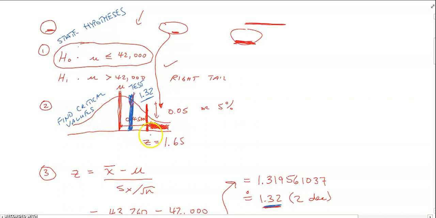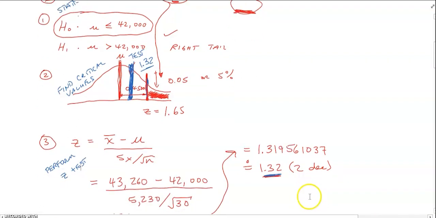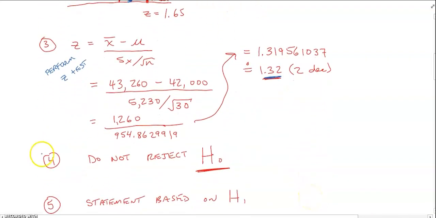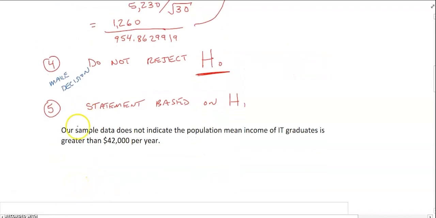So we found our fence, so to speak. Step 3 is to perform the test. Z-test or t-test if it's a small sample size. Step 4 was to make a decision. And then last, state our findings.